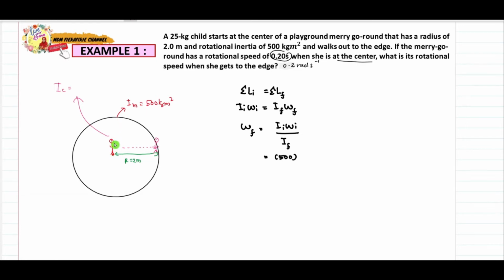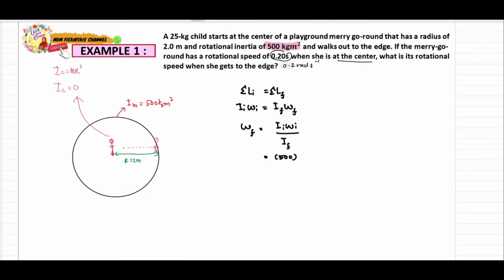Dia dekat axis of rotation. So, kosong lah, sebab formula dia I_c is equal to MR squared. So tak ada lah moment of inertia for the child. So, initially, we just consider the moment of inertia for the merry-go-round, which is 500 kilogram meter squared.